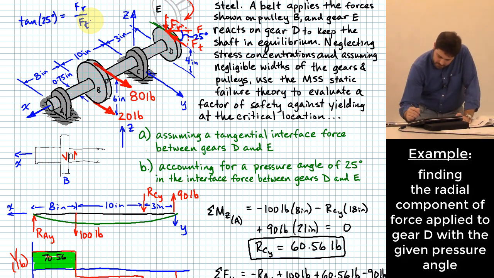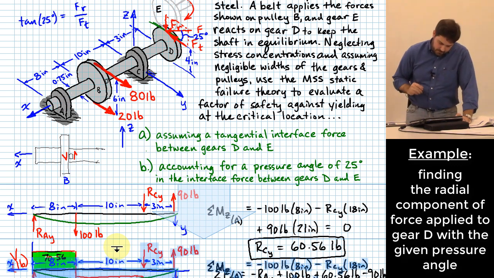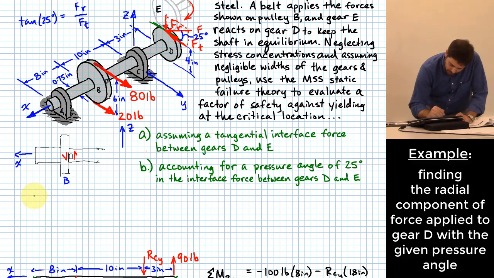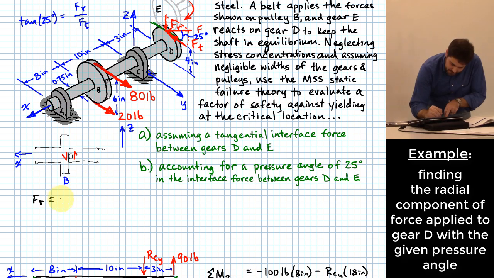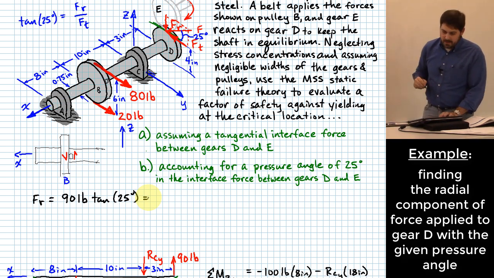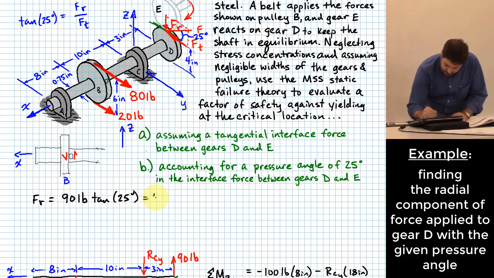So I'm going to slide in right here and say FR is going to be equal to FT, which was 90 pounds, is that right? Times the tangent of 25 degrees. And what will that give me? I have it calculated here to be 41.97 pounds.